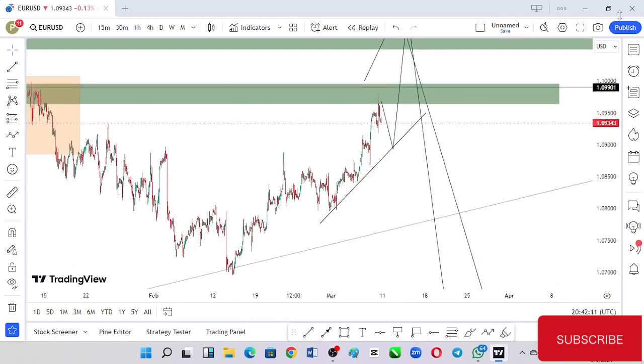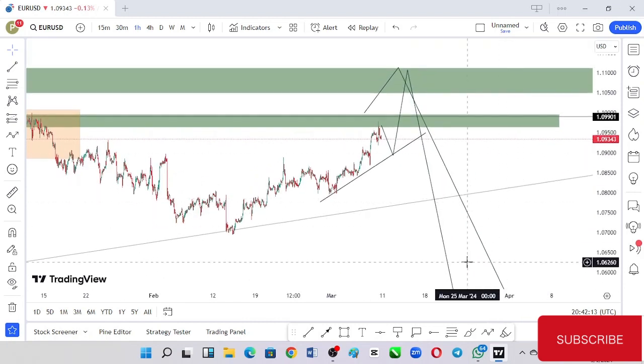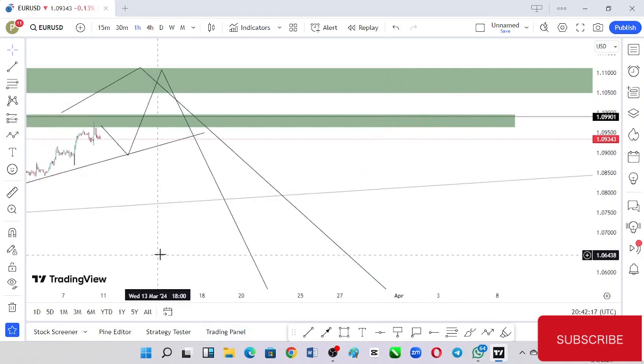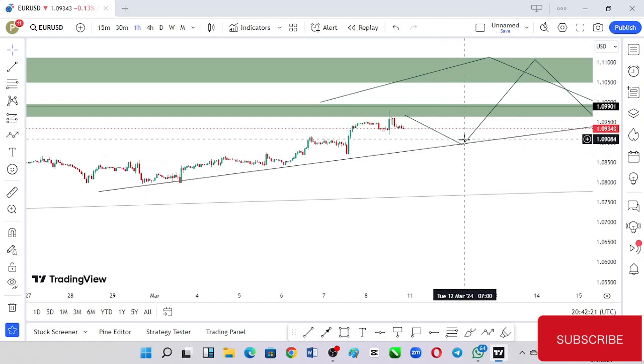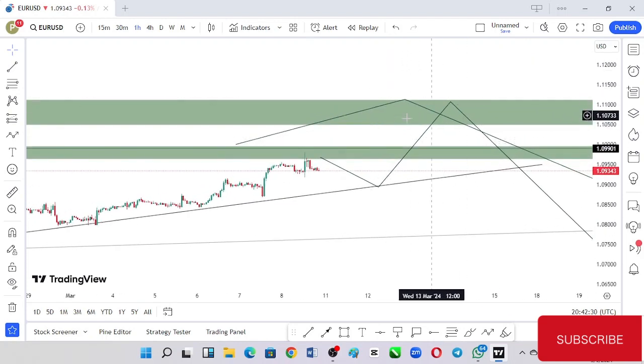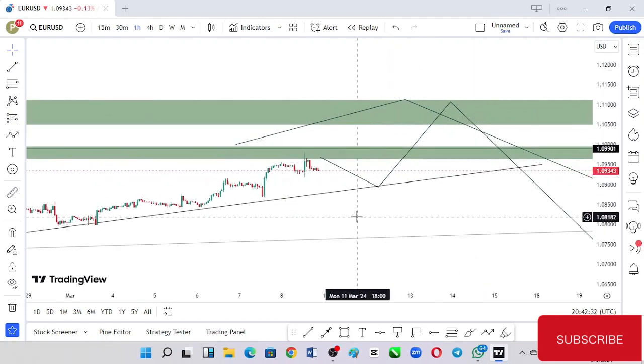Let's move on. So this is what I'm expecting. Price should come, react on this very trend line, which has been serving as a support, and then we move all the way to the resistance right here, and we short.